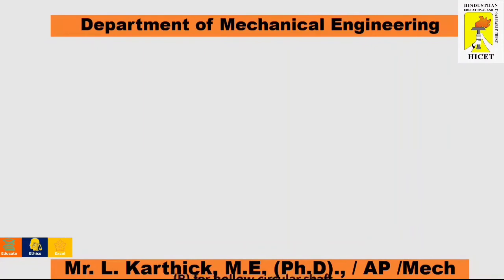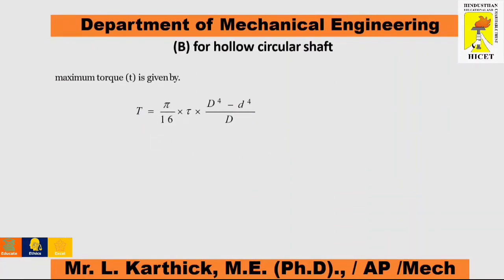For hollow circular shafts, the maximum torque is given by T equals pi by 16 into tau into (D power 4 minus d power 4) by D. Here for the hollow shaft we have two diameters, the outer diameter D and the inner diameter d. So the equation changes slightly for a hollow circular shaft.